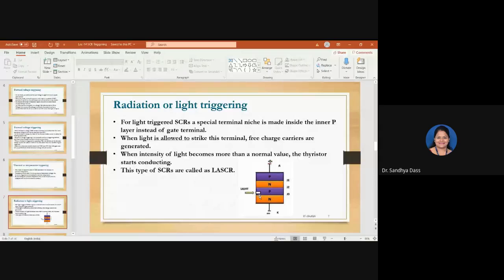So what happens when the light is allowed to strike this terminal? Free charge carriers are generated here in the P region, all right? And when the intensity of the light becomes more, then the thyristor will turn on. Such a type of thyristor or SCR is called LASCR, or light activated SCR.